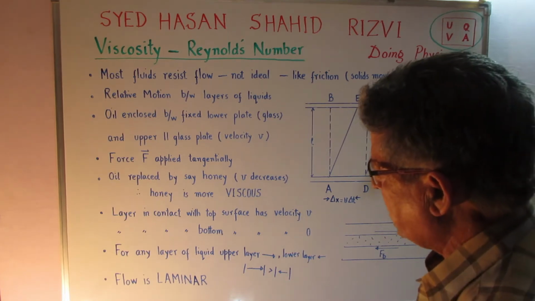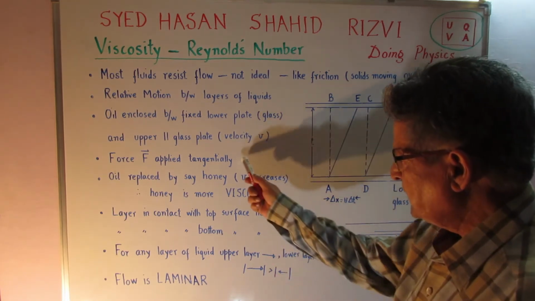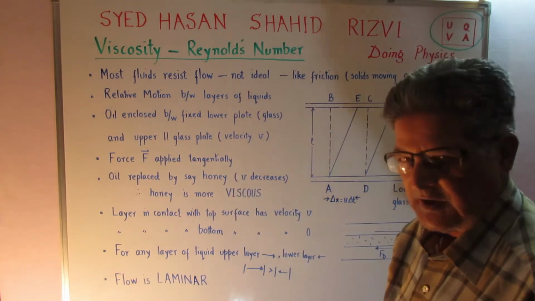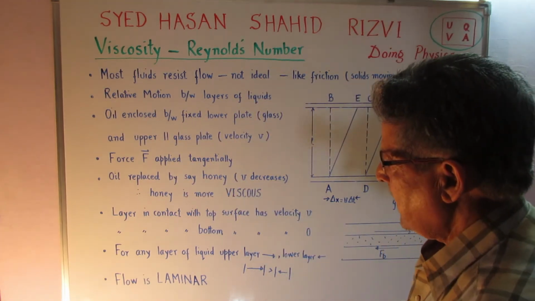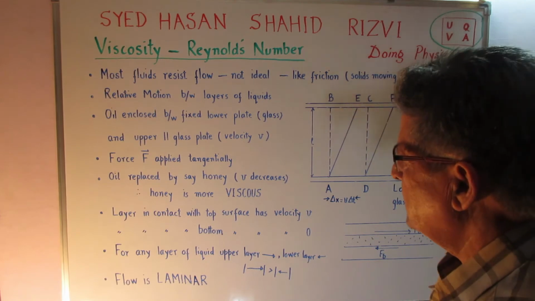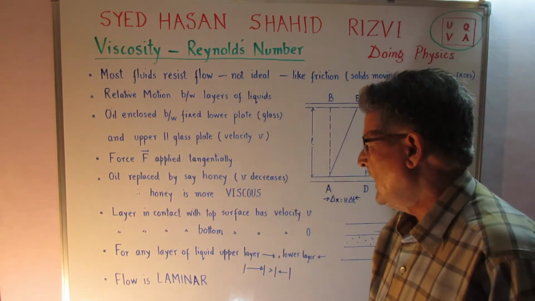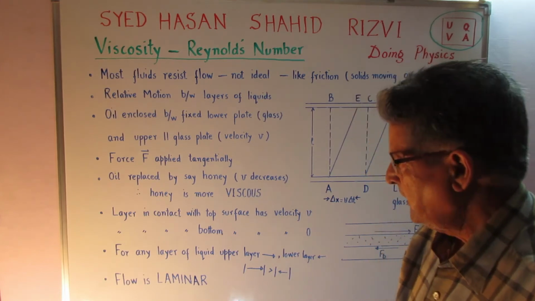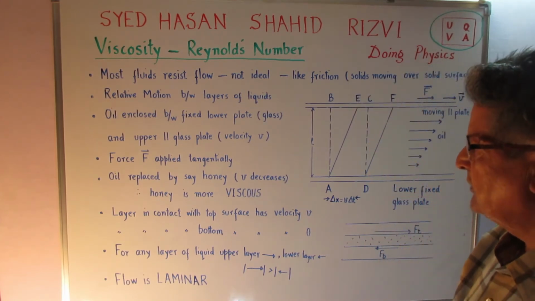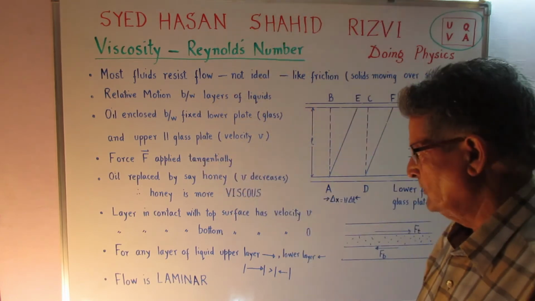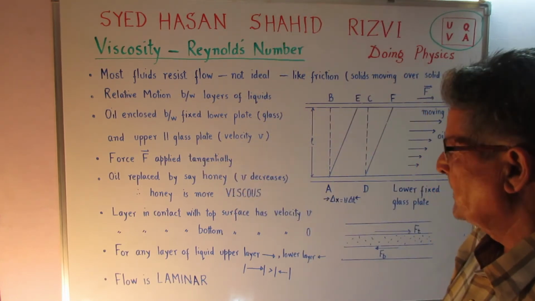The force that we applied tangentially, if we keep that force the same and we replace the oil by, say, honey, then what we observe is that the velocity decreases for the same applied force which has been applied tangentially.